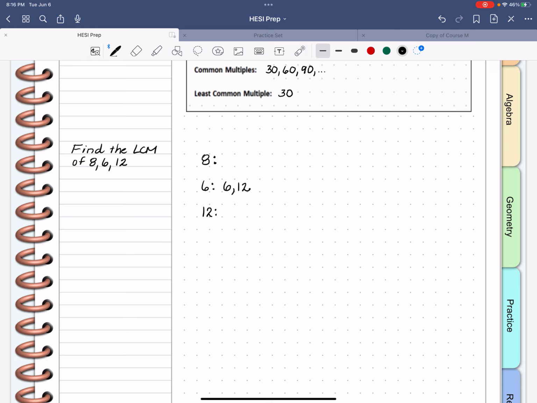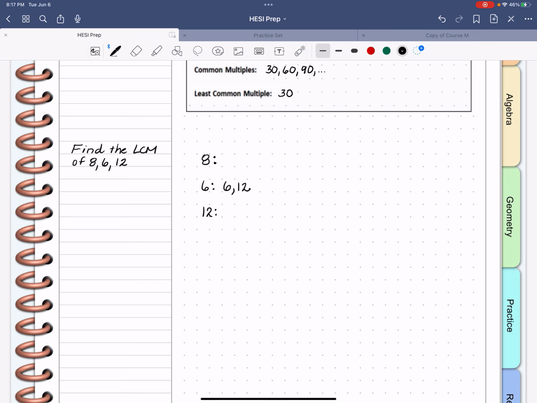This is why I want to start with the smallest one. I already have a match here and here. Sometimes by starting with the smallest one, you can get to your answer quicker. You don't have to write so many of them if you always work from the smallest one up. That's not a math rule, it's just a hint.